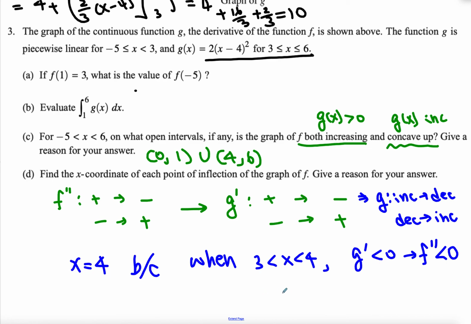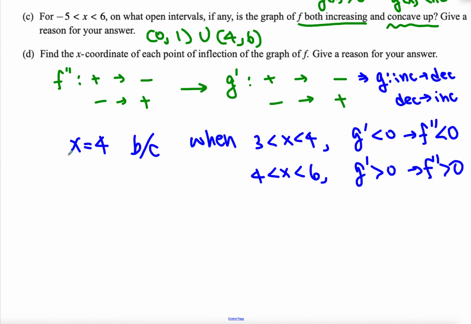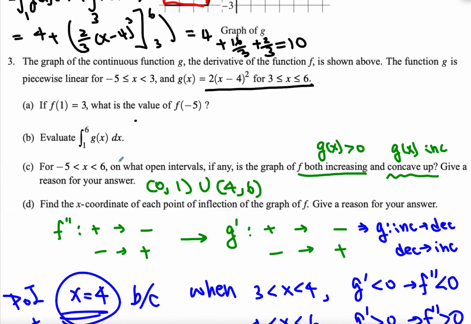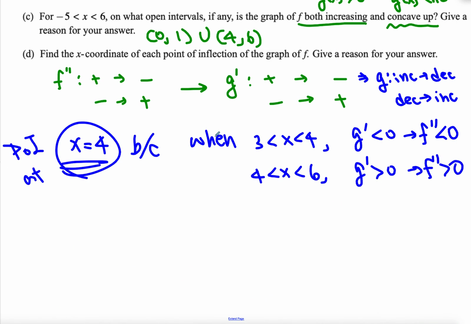And when x is greater than 4 till 6, g prime was positive, which implies that f double prime is positive. Therefore, you have a point of inflection at x equals 4. Alrighty, with this one, we're going to finish up number 3.